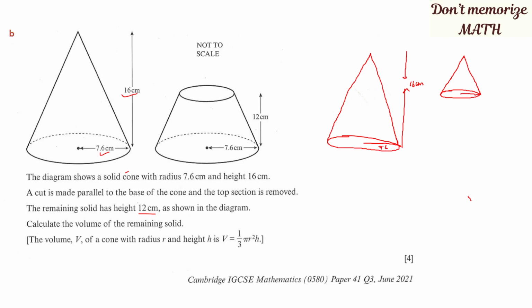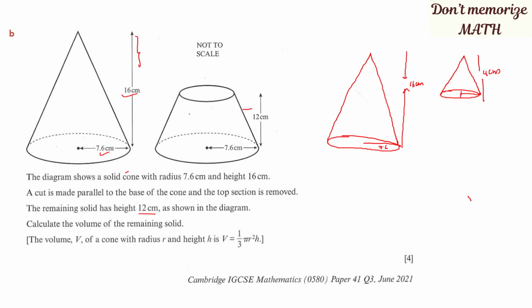We don't know the radius of the cone, but we can find the height because the total height is 16. We have 12, so the remaining is 16 minus 12, that is 4. So 4 centimeter will be the height of the small cone. We don't have the radius. How to find the radius of this cone?